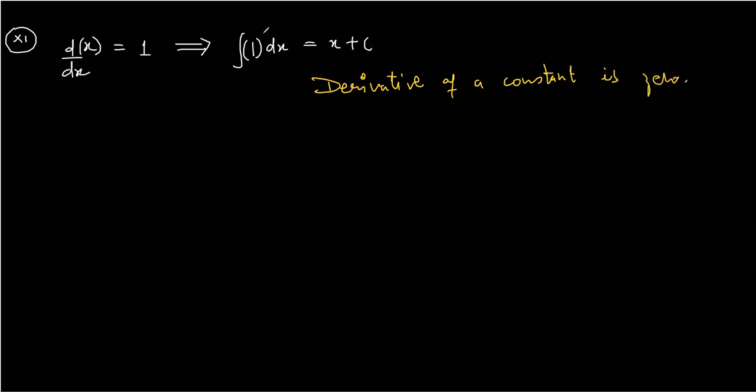But check here, students, you are integrating 1. What is that 1? 1 is a constant. Is integration of a constant 0? No. Integration of a constant is not 0.